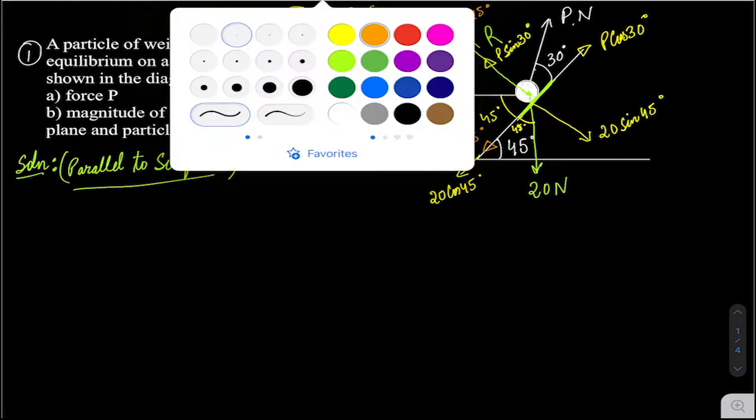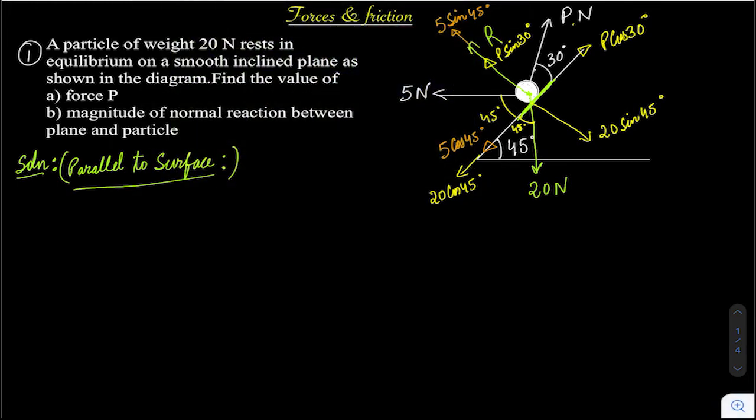Now let's write the equations. First is parallel to surface. What are the forces acting in, let's say, the left direction? This is not actually the left direction, but let's say parallel to surface on the left. On the left, we have 20 cos 45 and 5 cos 45. And on the right, we have P cos 30.